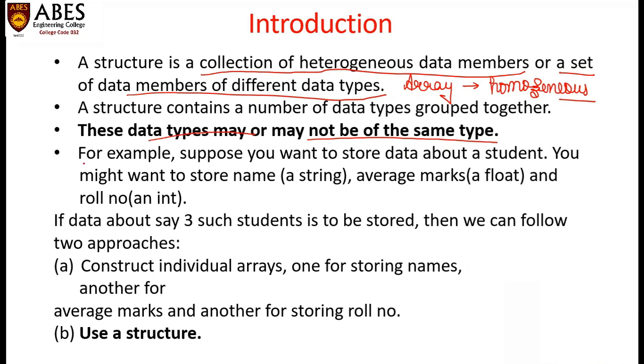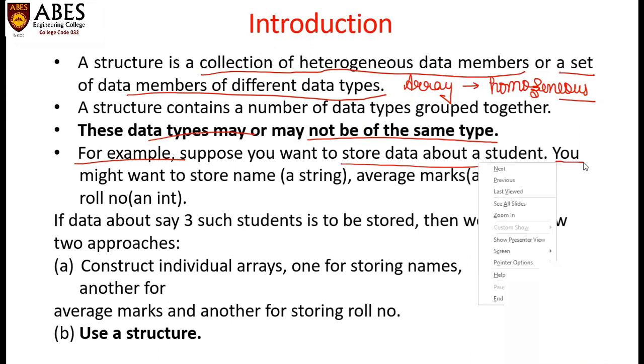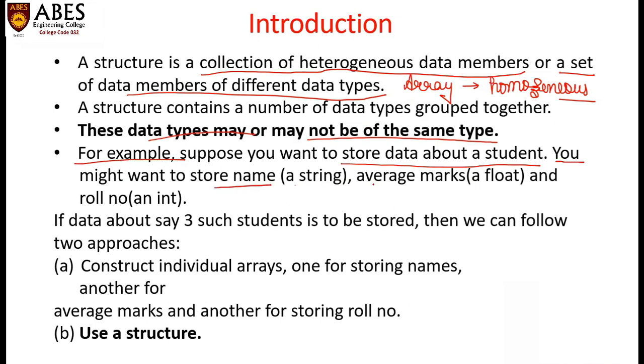For example, if I want to store the details about a student, then there will be a collection of different data types. It can store the name of a student, the average marks, the roll number, and many other attributes also.